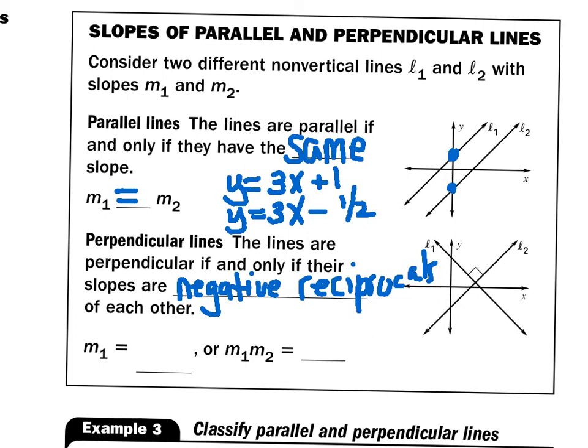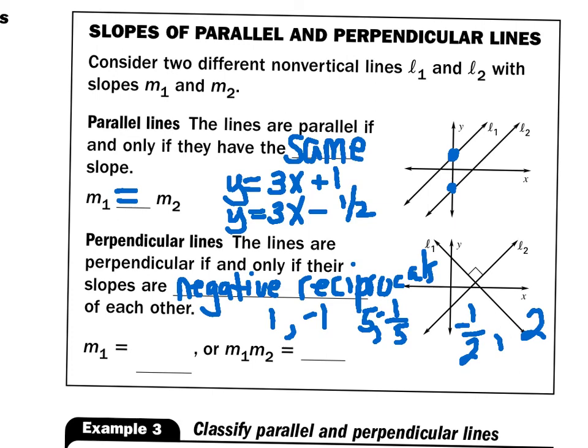So if a slope is 1, its negative reciprocal would be, flip it over in a fraction. So 1 over 1, and it's still 1, but then change the sign. So if it's 5, flip it over in a fraction, 1/5, change the sign, negative. If it's negative 1/2, flip it over, 2, change the sign, positive.